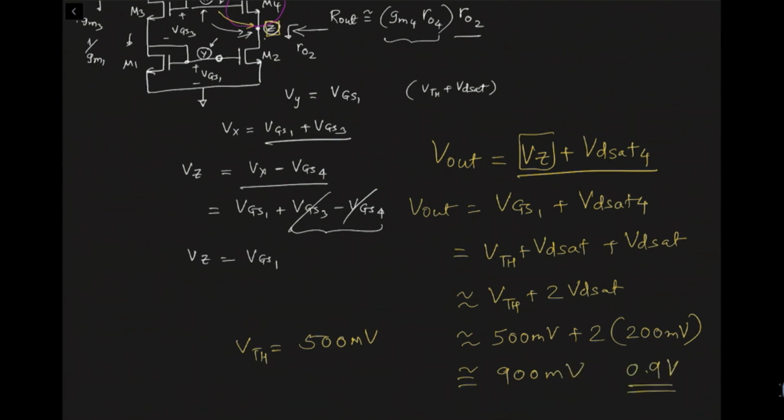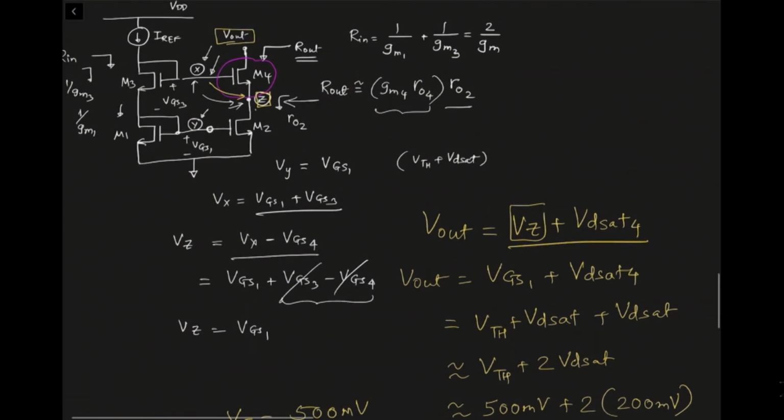So you can tell that the output voltage of the cascoded current mirror cannot really be taken down that low. You have to leave at least 0.9 volts of headroom across these two transistors to keep everything in saturation.